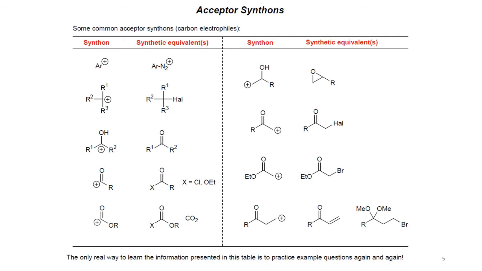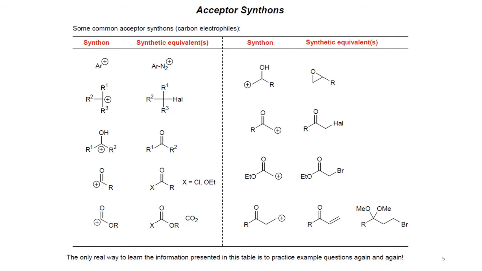Let's say you have this compound, the Ar plus, so the synthetic equivalent can be ArN2 plus. In the second one, if you have plus at the carbon, you need to complement it with something negative, which is Hal. Hal here means the halogen, because you know halogen is negative 1 charge.